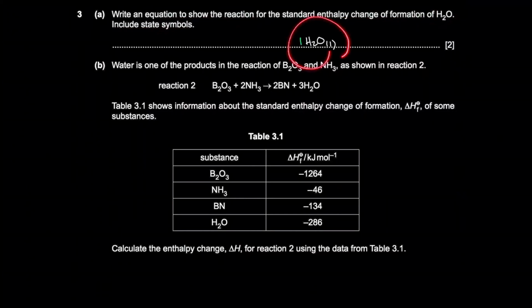You have to show 1 mole in the equation, because enthalpy of formation, by definition, is when you make 1 mole of a substance in its standard state, that's liquid, from the elements in their standard states under standard conditions. So what are the elements here? You'll have 1 mole of H2 gas, and you'll have half a mole of O2 gas.